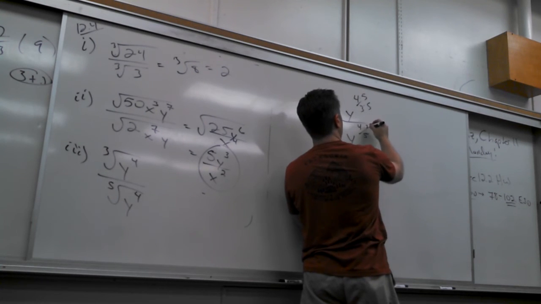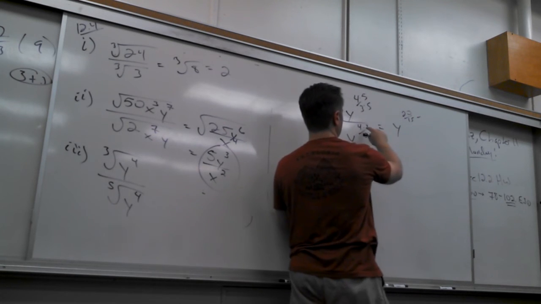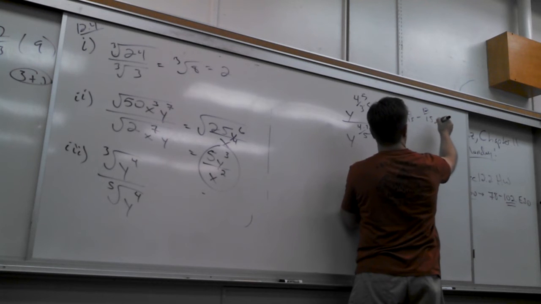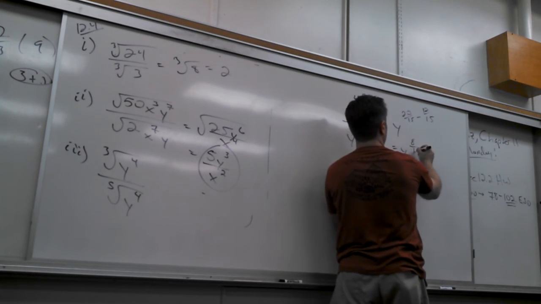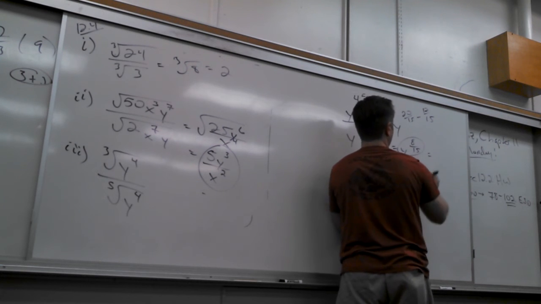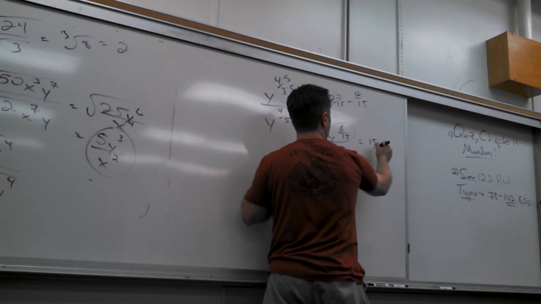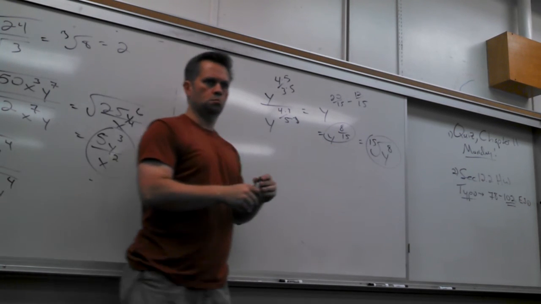Yeah, 5, 3, so you get y to the 20 over 15 minus 12 over 15. So you get y to the 8 over 15. Yes. And you can write that as the 15th root of y to the 8. Good.